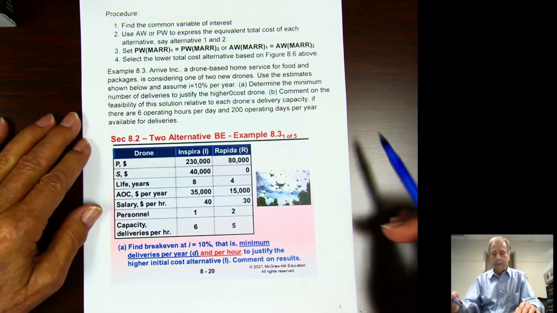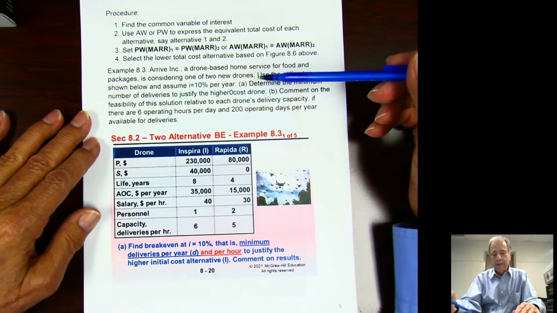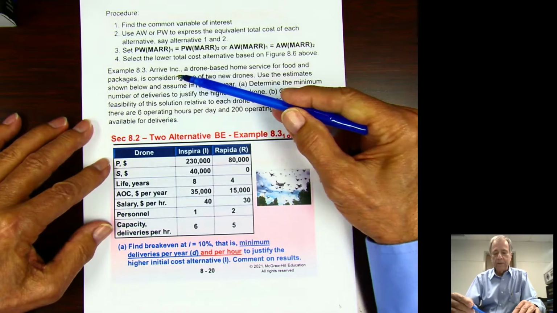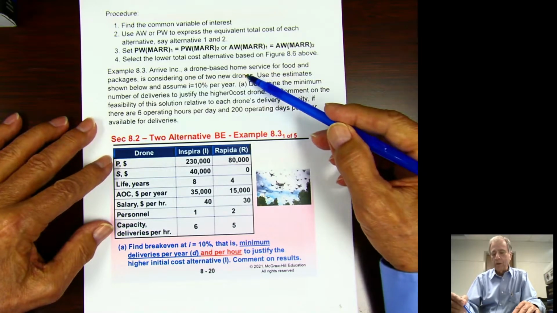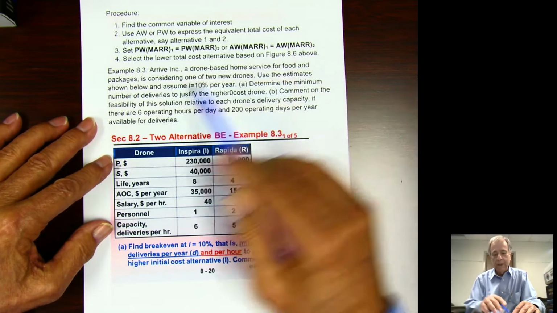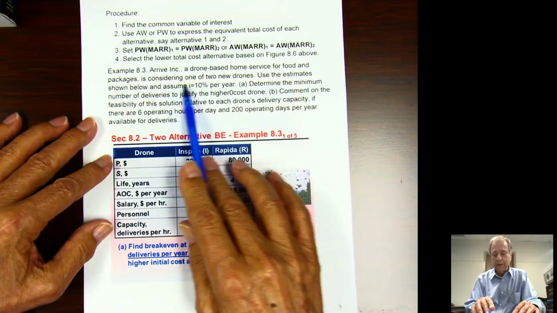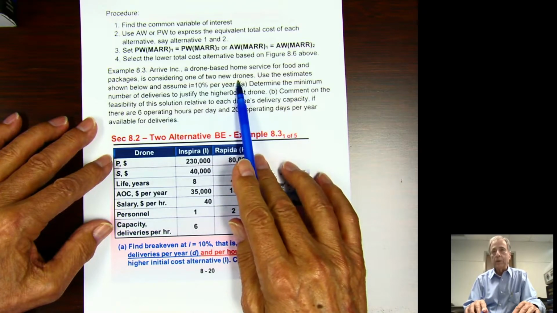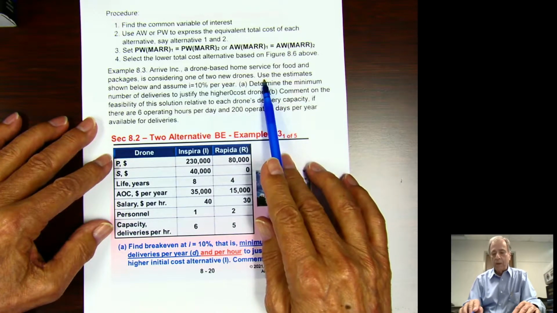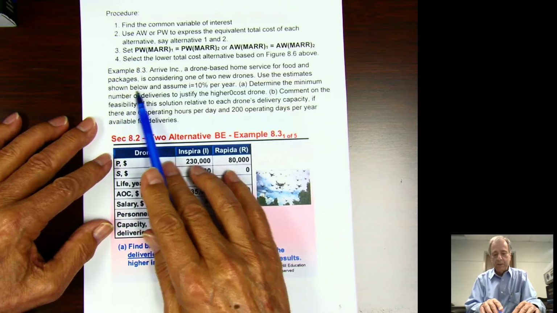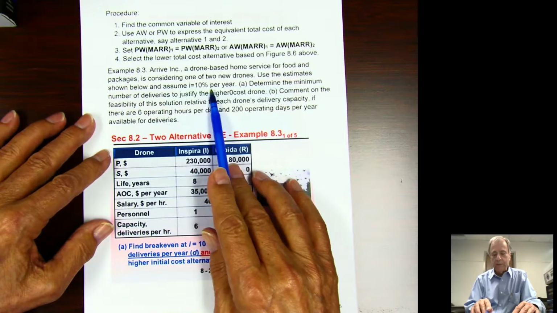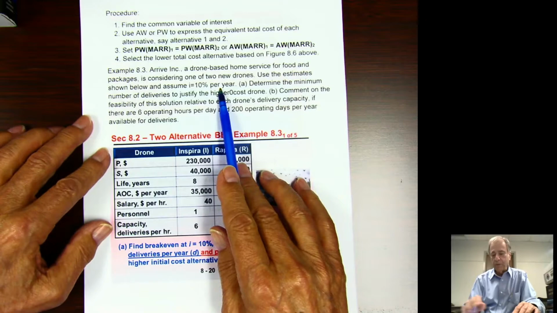So example 8.3 says Arrive Inc., a drone-based home service for food and packages, is considering one of 2 new drones. Use the estimates shown below and assume a 10% per year interest rate.